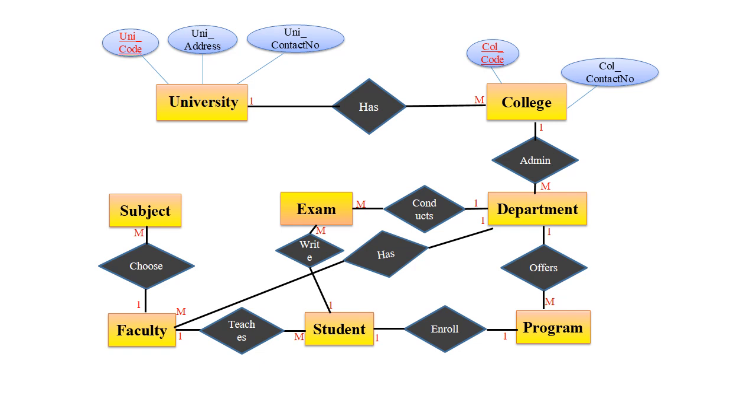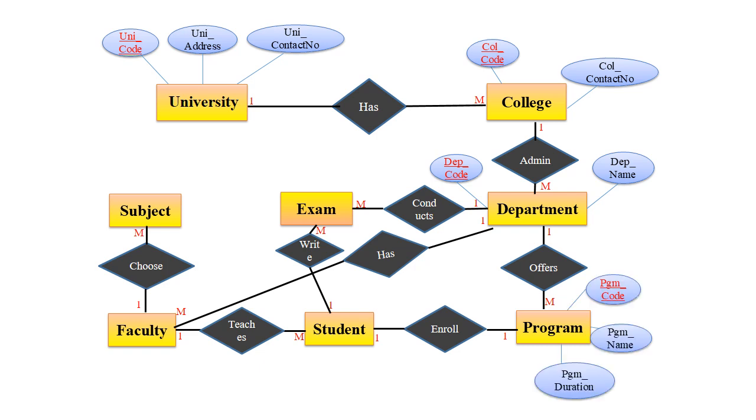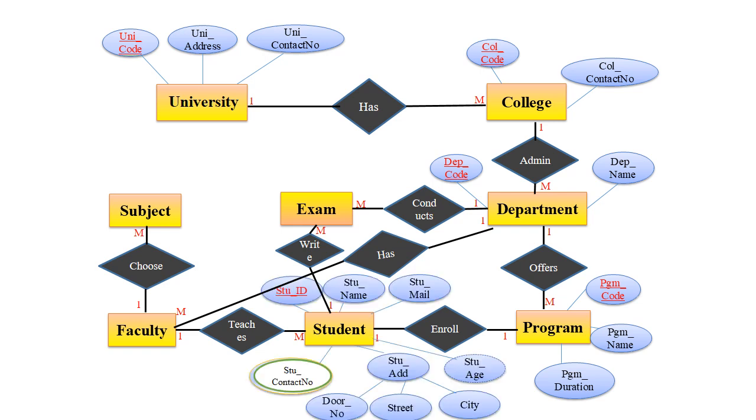What are the attributes associated with the department? Department code and department name. What are the attributes associated with programs? Program code, program name, and program duration. What are the attributes associated with student? Student ID, student name, student mail ID, student contact number, student address.